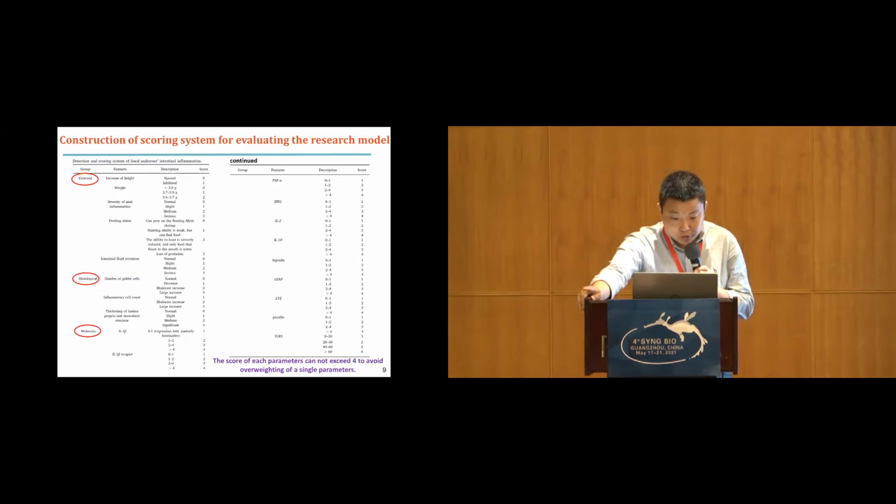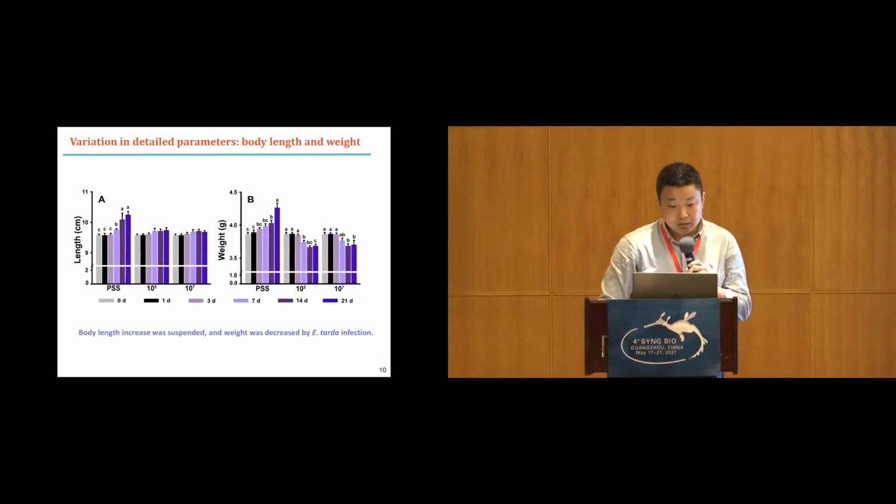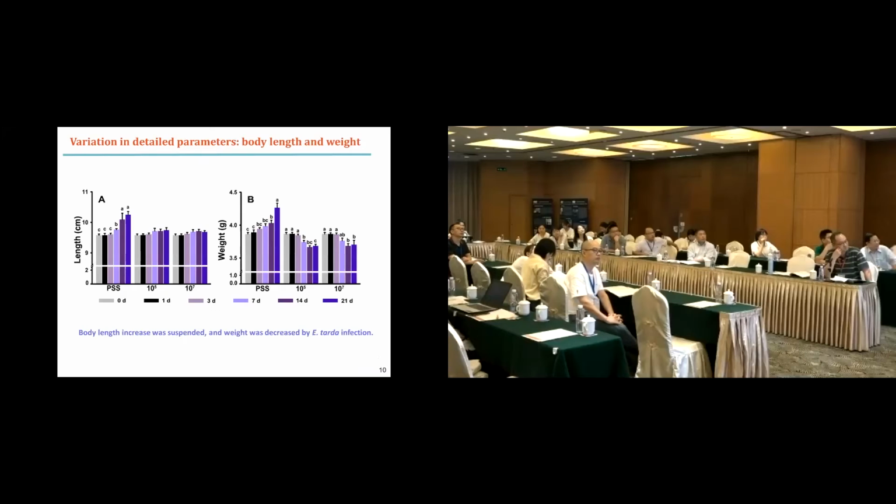It should be noted that the score of each parameter cannot exceed 4, to avoid overweighting of a single parameter. Next, we look into the variation in the detailed parameters. The first is body length and weight. By Edwardsiella tarda infection, the body length increase was suspended, and the weight decreased in both challenged groups.